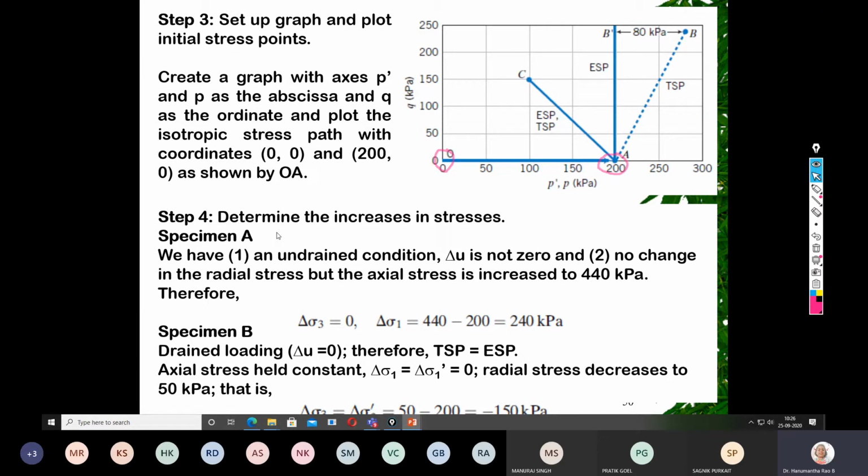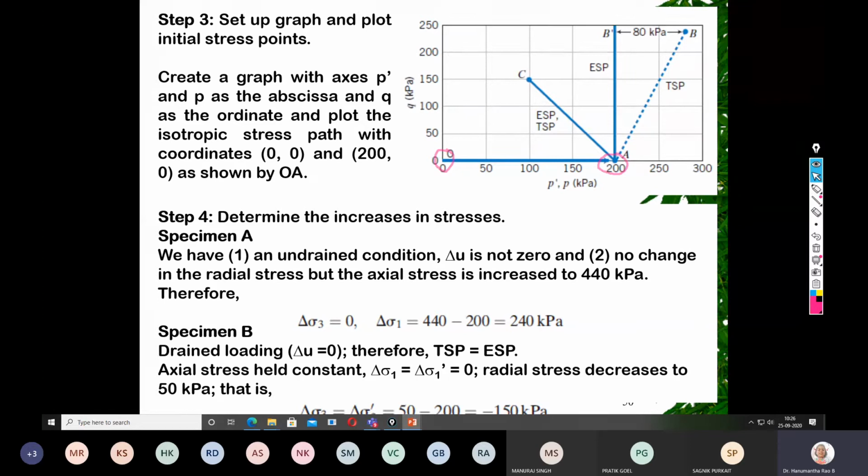On specimen A, under undrained condition, delta U is not 0. Just recall, after reaching point A, the stress was increased from 200 kilopascals to 400 kilopascals.